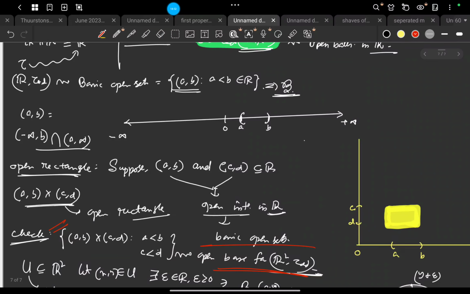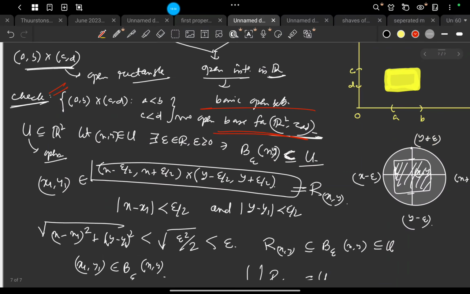Okay, so we have seen that in the normal rectangular topology there are two kinds of open bases. One is the collection of all the open balls, of this kind of form, and as well there are open rectangles of this kind of form.